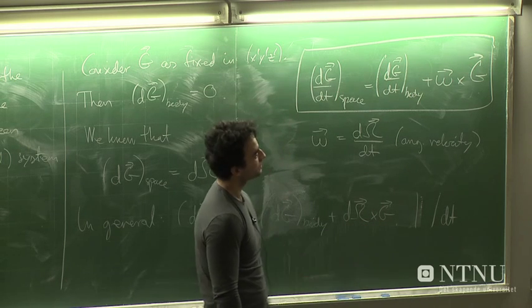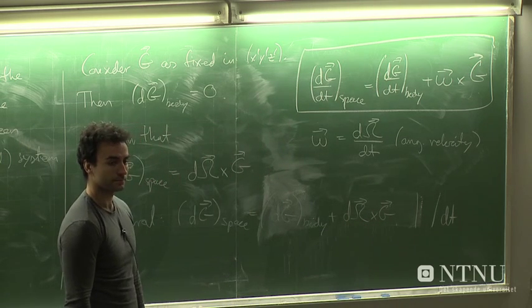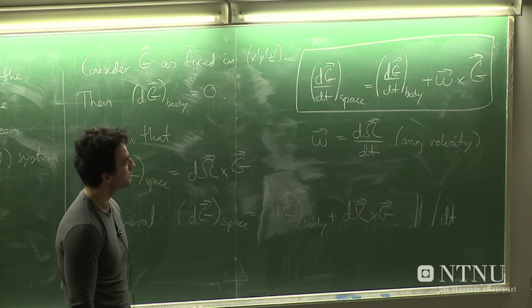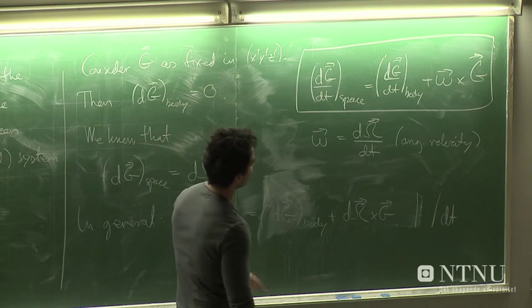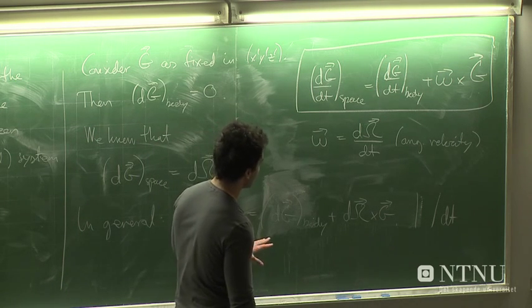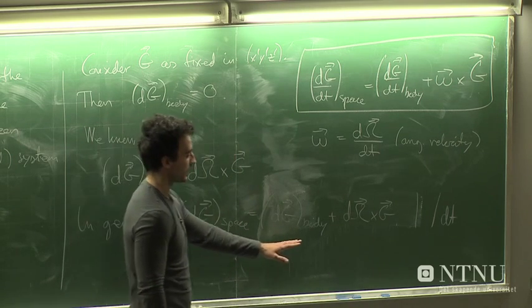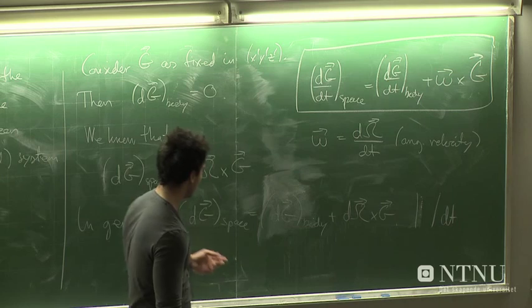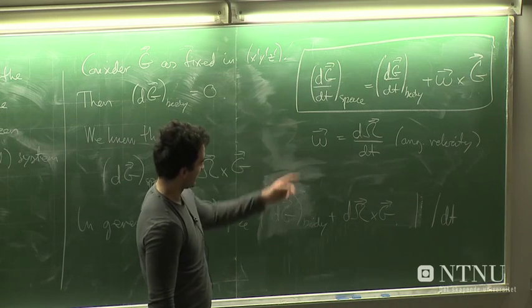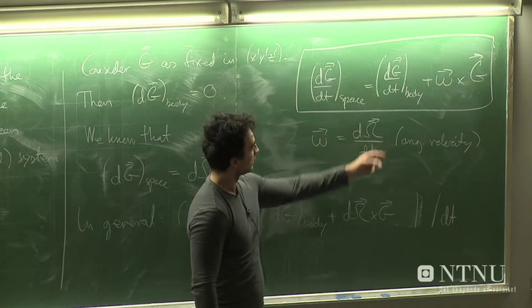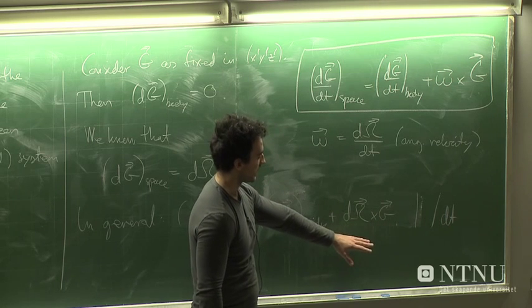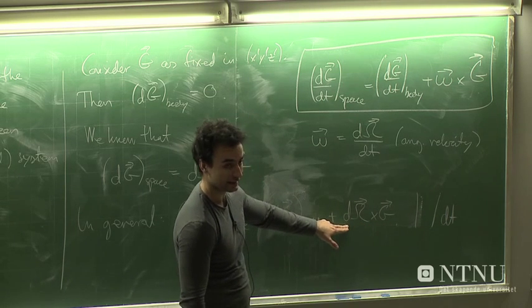No, but could you have taken g divided by dt in the cross product also? I'm not sure I see exactly. So we agree on this one, right? Okay, so then I just divide by dt. So I get dg dt here, and I get dg dt here. And then for this term, I just divide this one by dt.